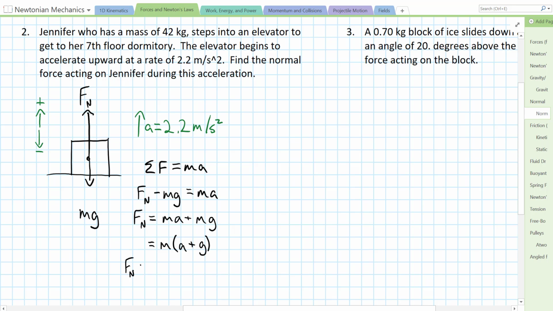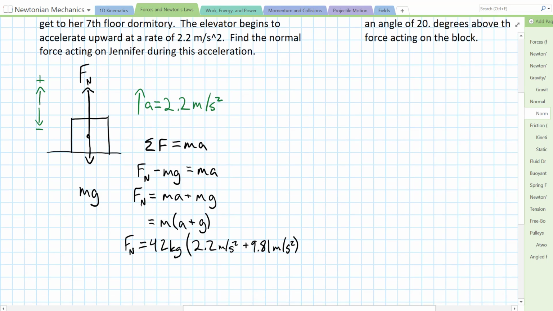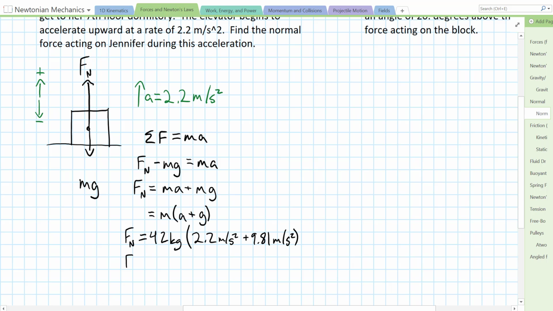Our normal force then is equal to mass, 42 kilograms, times a, which is 2.2 meters per second squared, plus g, plus 9.81 meters per second squared. Let's plug that into a calculator.